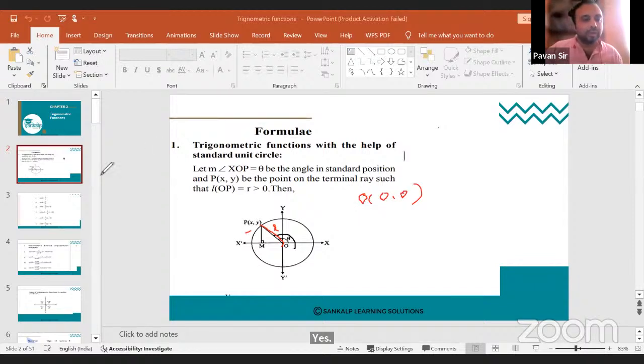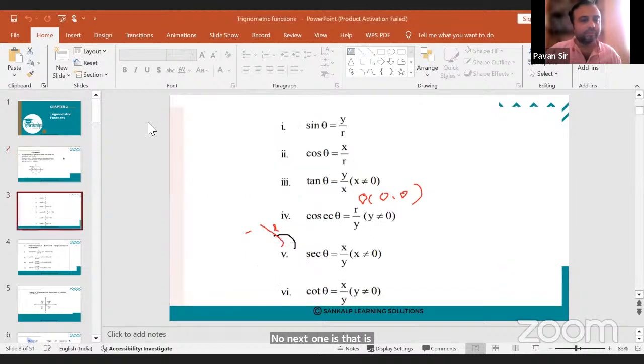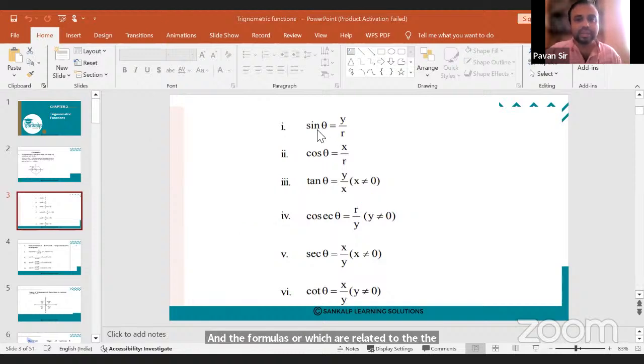Okay. Now the next one is the formulas related to these things.